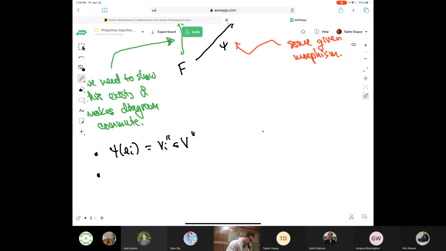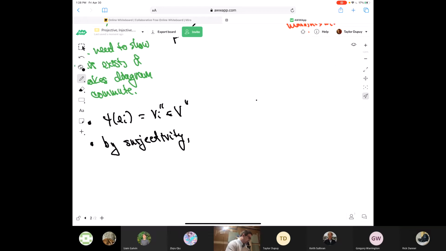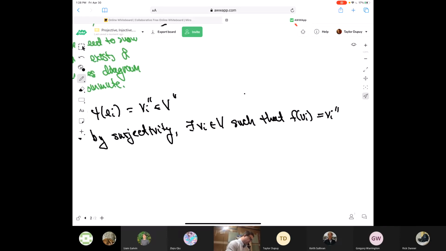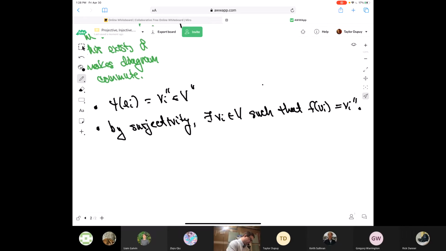By surjectivity, and technically the axiom of choice, there exists some v_i in V such that, well, this exists, but making a choice is what we're going to do. So there exist some things like this, and we're going to let this collection of v_i for i in I be such a choice. Maybe I should make this more like a sequence.